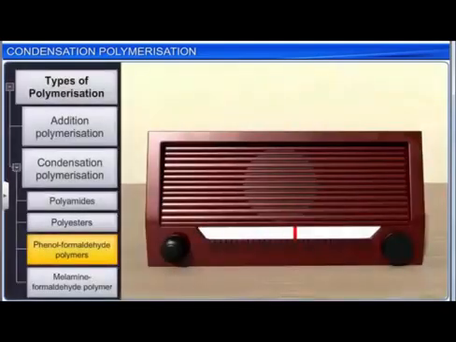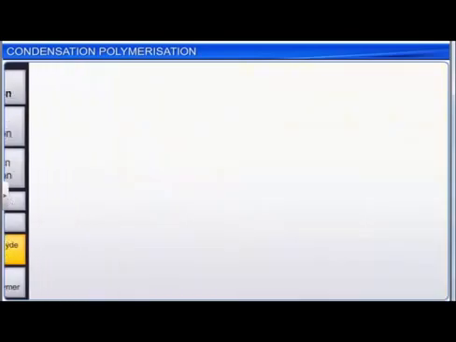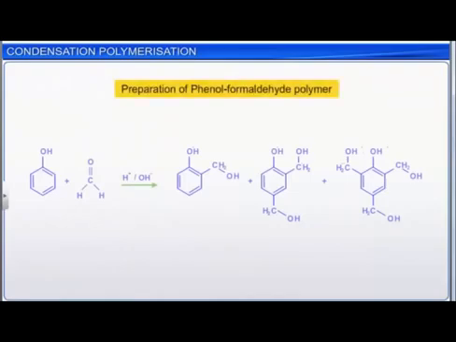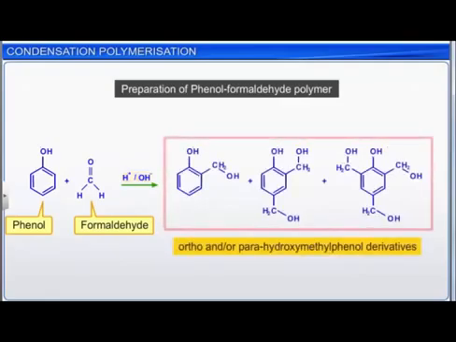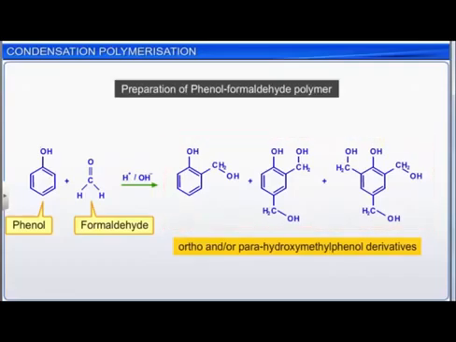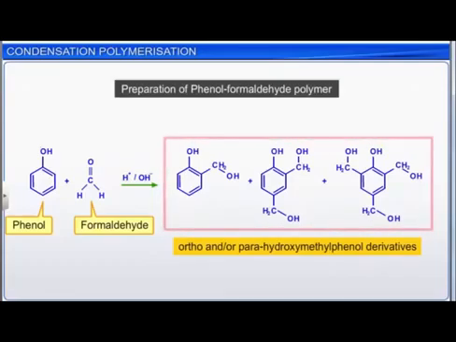Phenol formaldehyde polymers are another important group of condensation polymers. The first step to produce a phenol formaldehyde polymer is the condensation reaction of phenol with formaldehyde in the presence of an acid or a base catalyst. This results in the formation of ortho and/or para hydroxymethylphenol as shown in the equation.